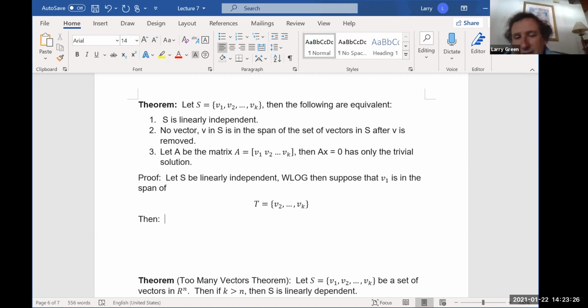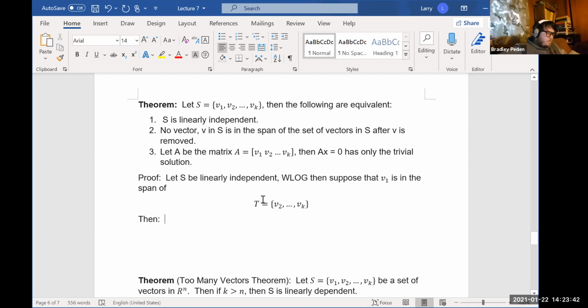Any idea? I know it's the first day we've heard that word, but that's how we started. The collection of all linear combinations. Exactly. So that means there are going to be constants.